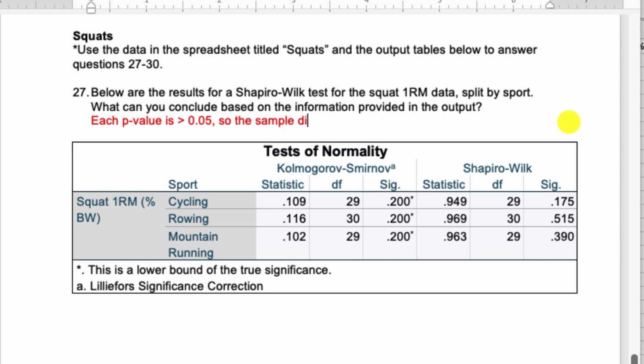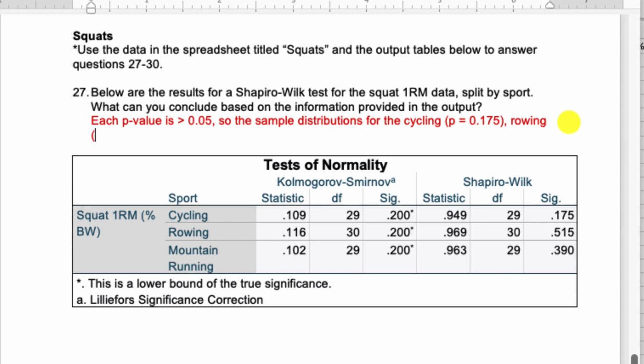So the sample distributions for the cycling, that one was 0.175, rowing, and mountain running, p equal to 0.390, are normally distributed. Okay, so that's what we get from this table.